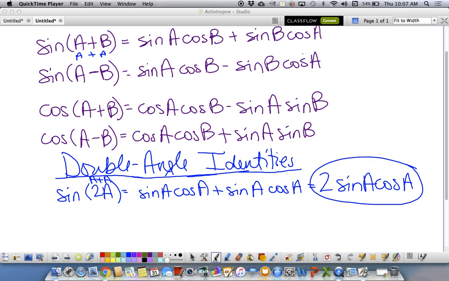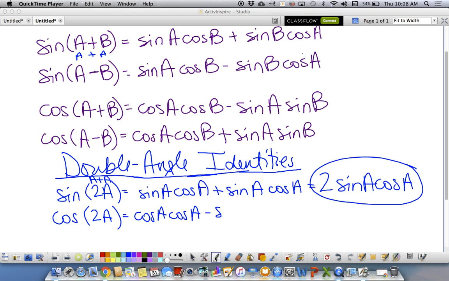What if we wanted to do cosine A plus A? So if I wrote out cosine A plus A, we would have cosine A cosine A. What comes next? Plus or minus?